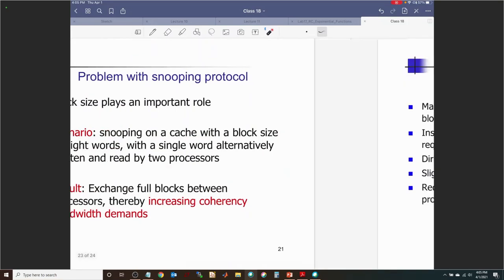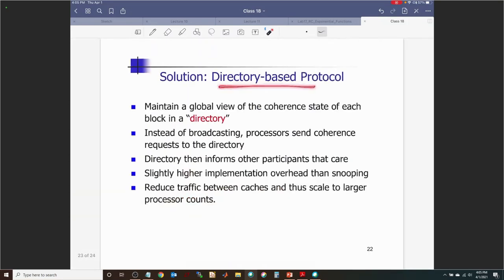So we need a different approach, which is captured in the directory-based protocol, where a global view of the coherent state for each block is maintained in a directory. So all the blocks' coherence state is maintained in a global view, and everybody has access to that. Instead of broadcasting, the processors are going to send coherence requests to that directory.